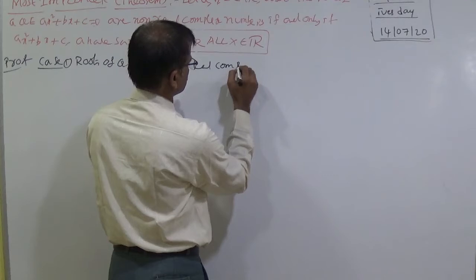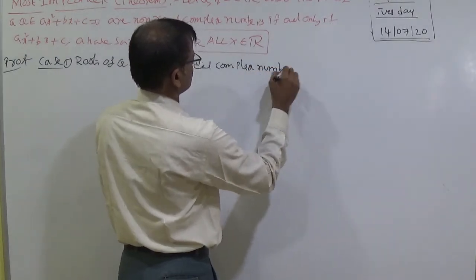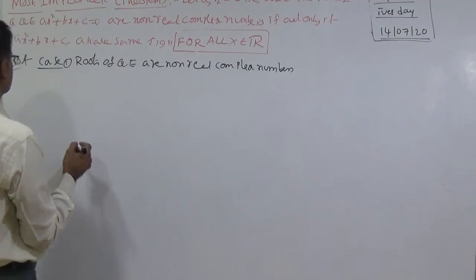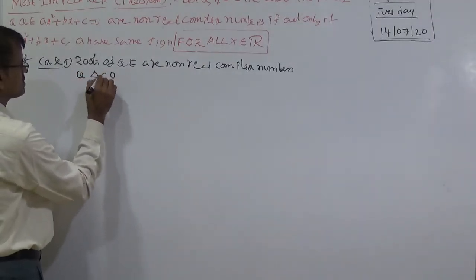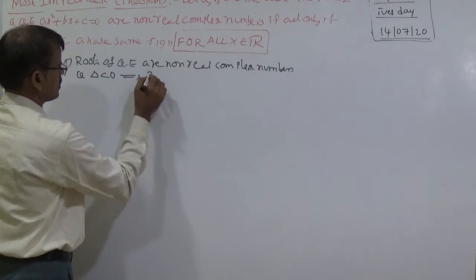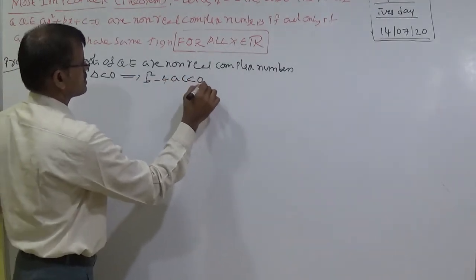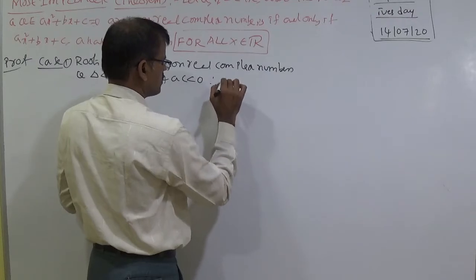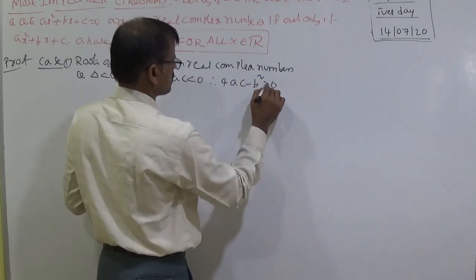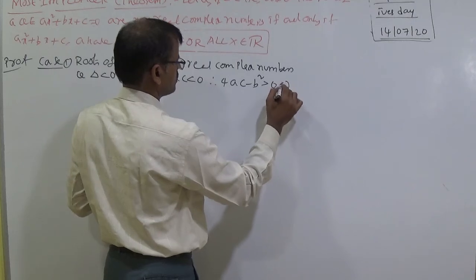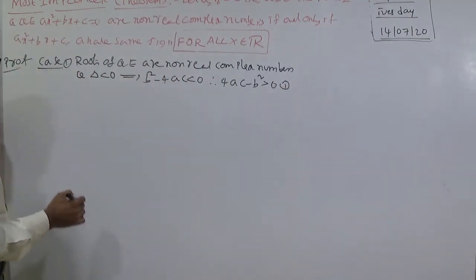That means you can write 4ac minus b square greater than 0. Put here 1, this will be useful later.